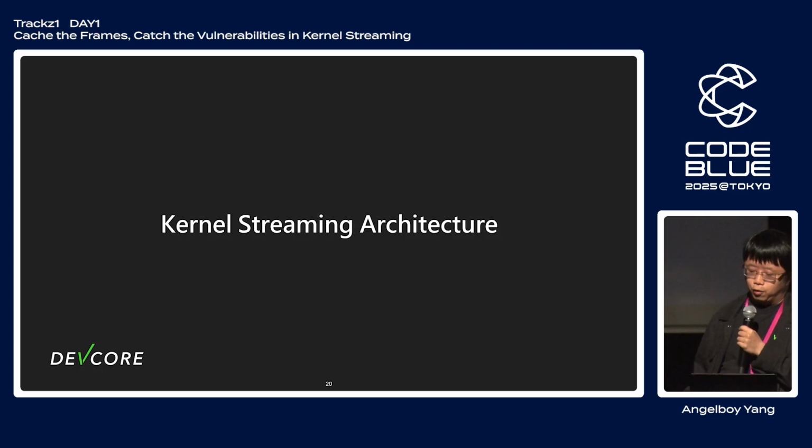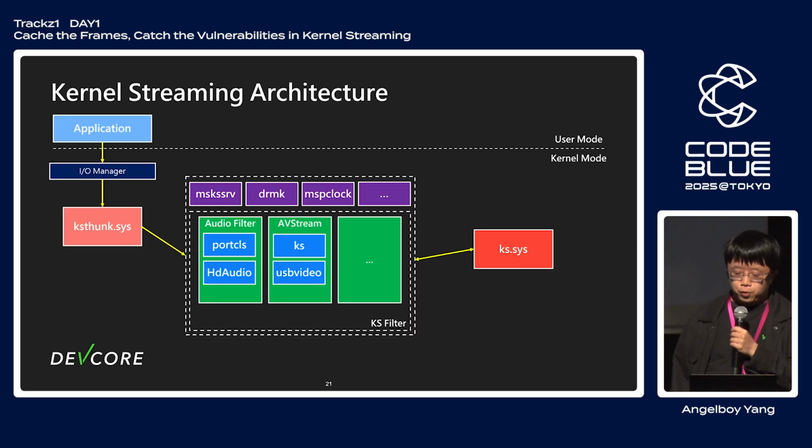After understanding the functionalities of kernel streaming, we need to understand the architecture and how Windows implements it to find vulnerabilities. Following our analysis, the overall architecture looks like this diagram. After you send an IOCTL request to a KS device, these are the drivers that might handle your input.